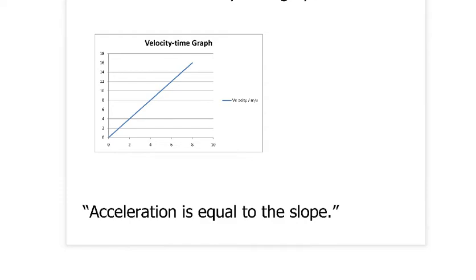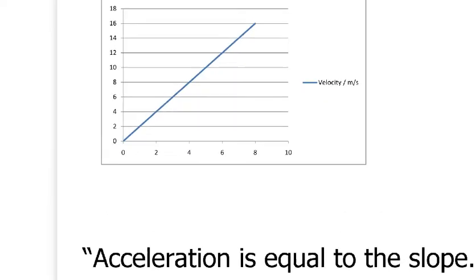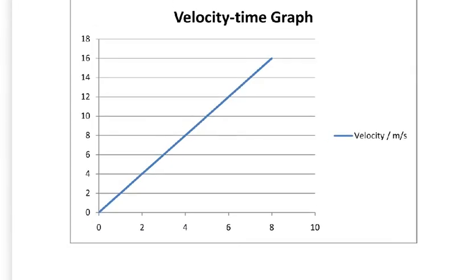But in any case, regardless, the velocity time graph gives you a line or curve, and the acceleration is equal to the slope of that line or the slope of that curve. In this case, we have a very simple line.